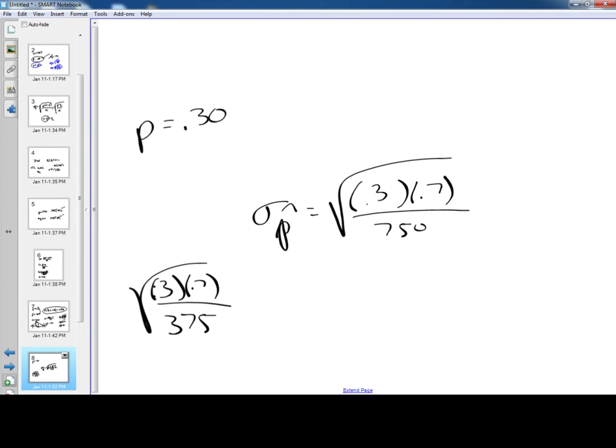So the question is, what's really happening when I decrease the sample size? It's equivalent to multiplying by something. They decreased from 750 to 375, so they halved the sample size. Well, just do some algebra, people.